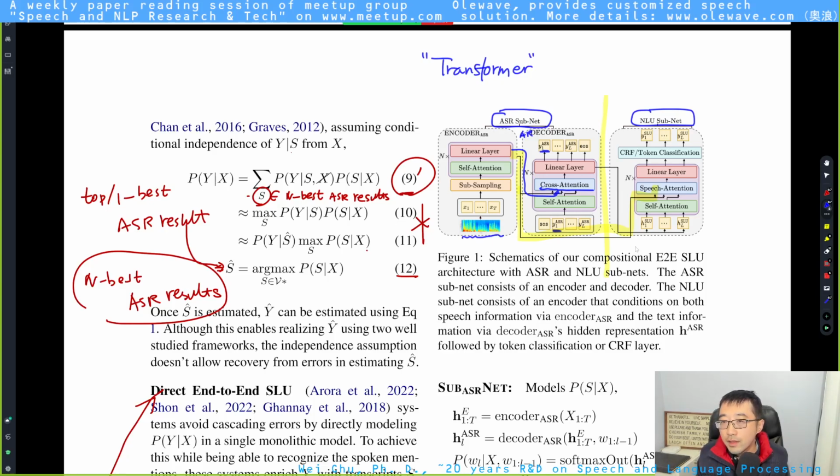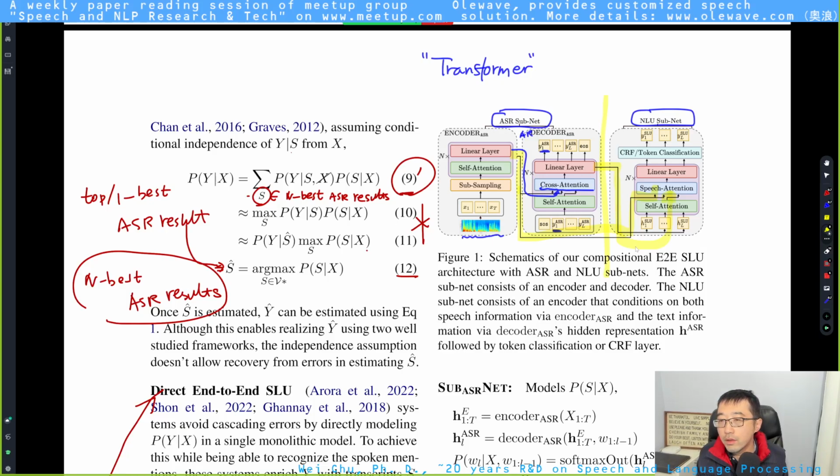And the next thing is, you can see the flow is the final output from the decoder in the ASR subnet, and it goes all the way into the NLU subnet too, right?